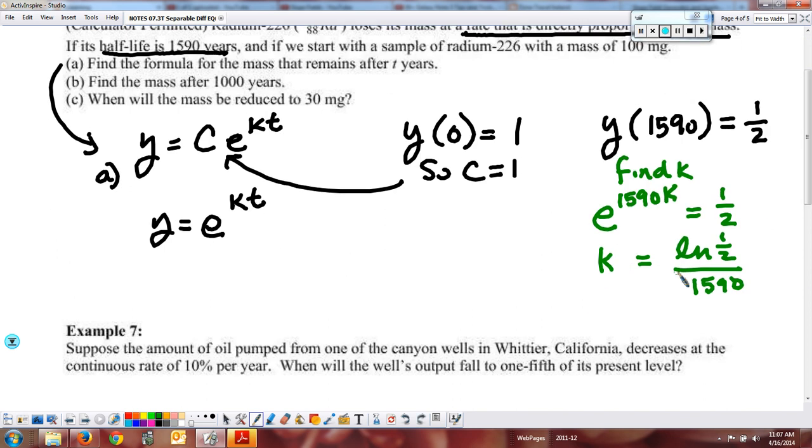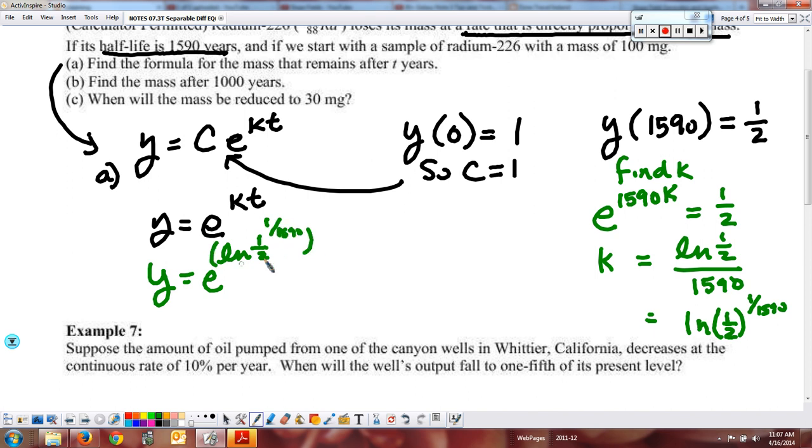And then again, remember the whole version of this: if you actually plug it back in, we usually take that 1/2 and put this 1 over 1590 back on the inside as an exponent. So when I go to plug it back in, my equation is e to the natural log of 1/2 to the 1 over 1590, and that's all to the t, which looks really complicated, but remember this and this cancel and it ends up being 1/2 to the t over 1590.